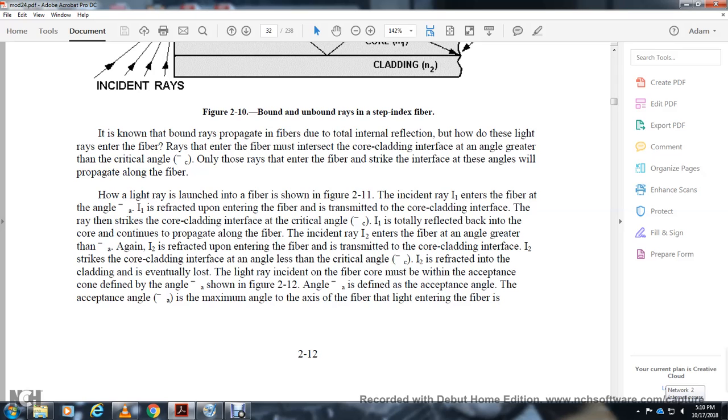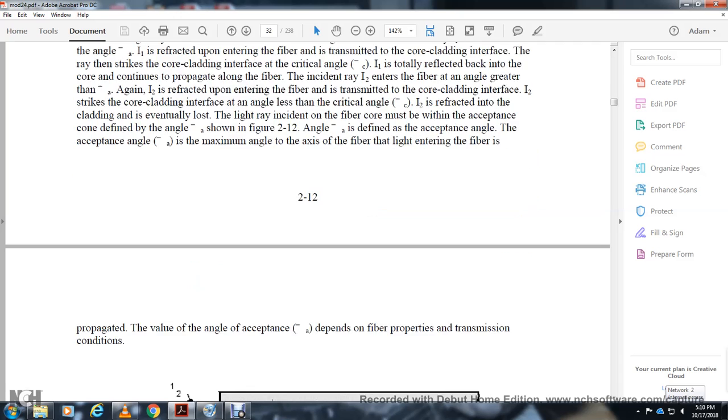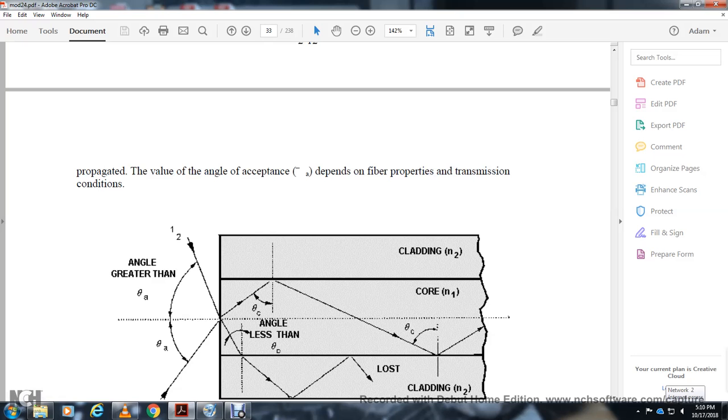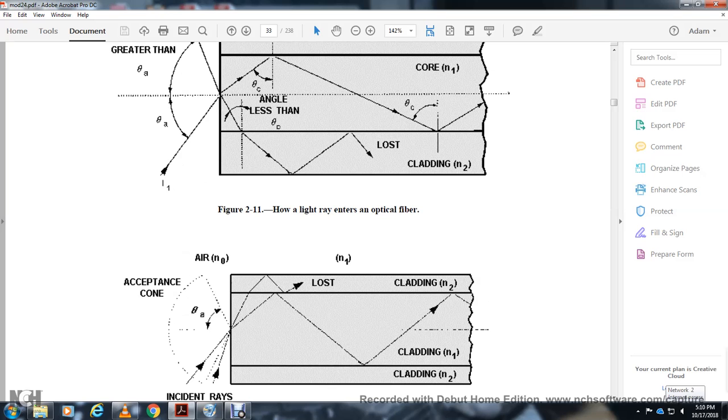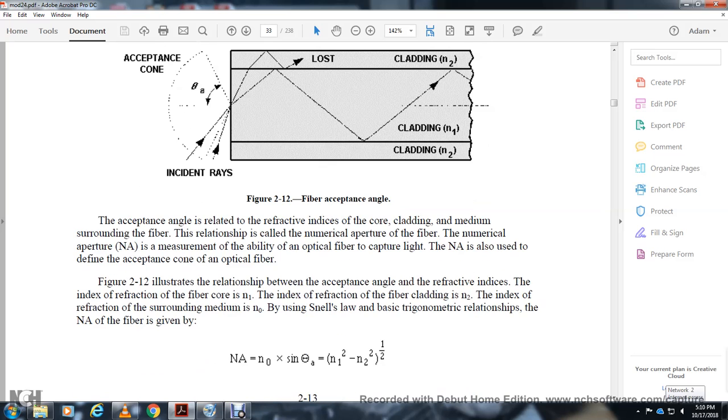The acceptance angle is a fiber property of the transmission condition. Rays entering within the acceptance zone are propagated; rays outside are lost into the cladding. The acceptance angle is related to the refractive indices of the core, the cladding, and the medium surrounding the fiber.